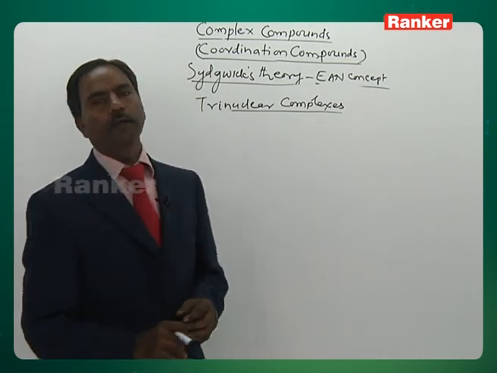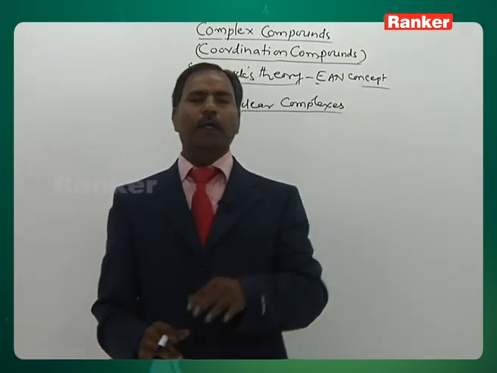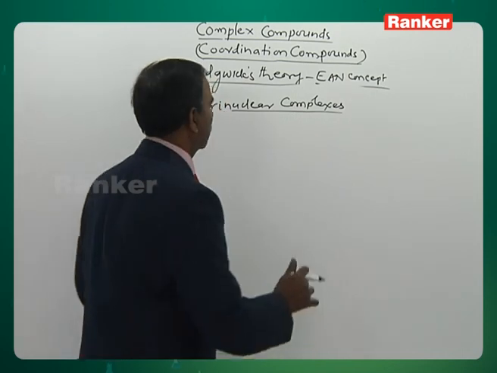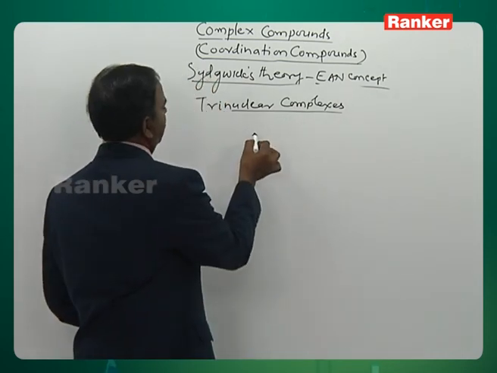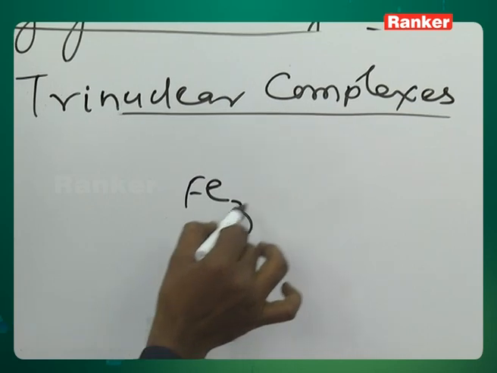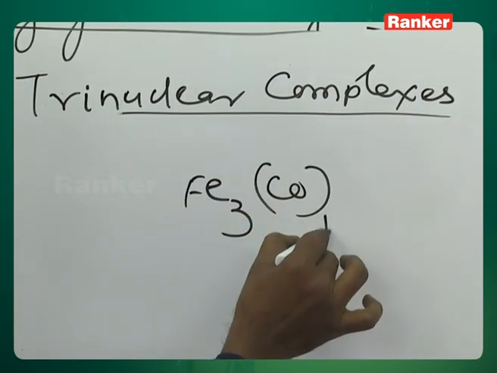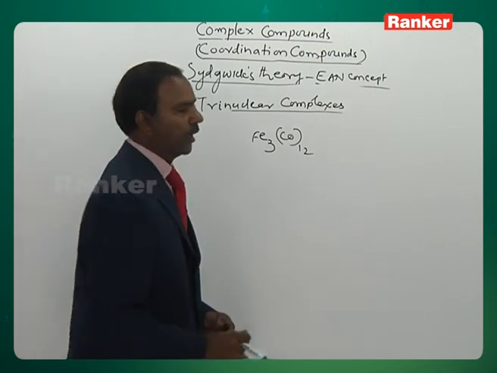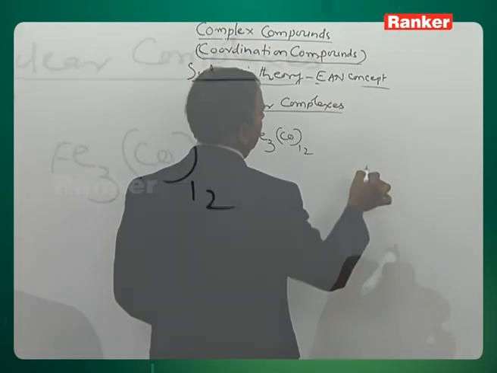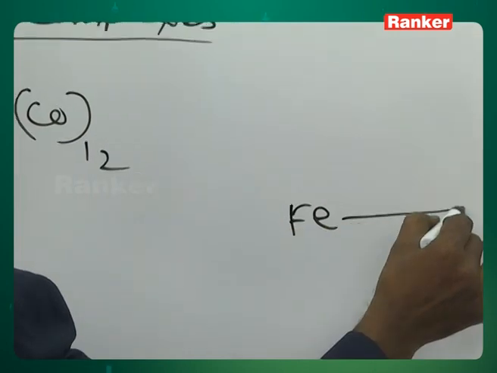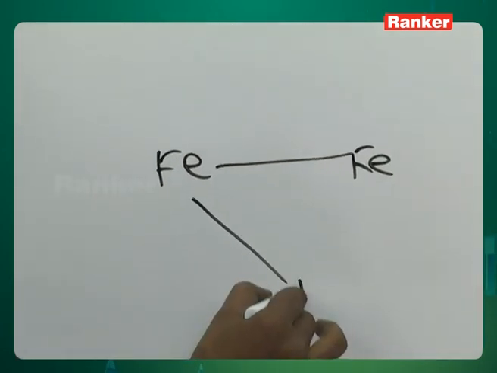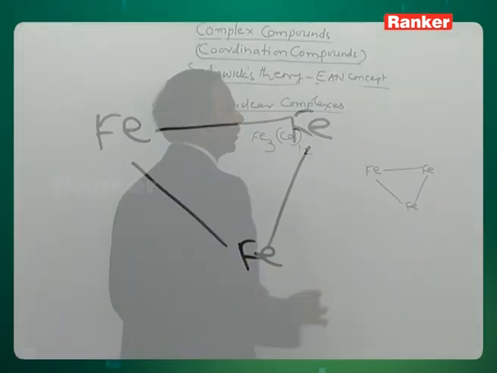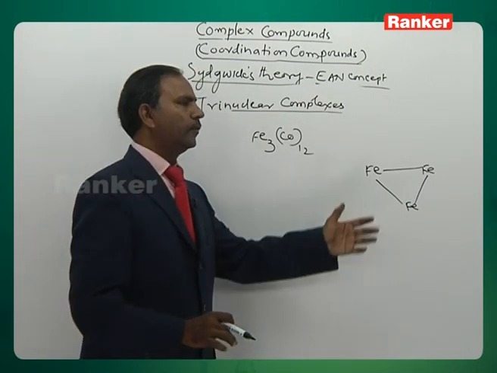What do you understand by trinuclear complex? There will be 3 metal atoms. Suppose you are taking a complex Fe3(CO)12. This is the trinuclear complex carrying 3 metal atoms. Now, these 3 metal atoms are linked with each other in a trigonal geometry.